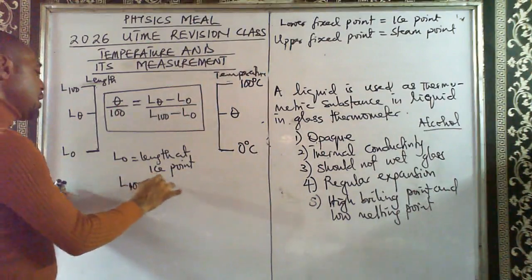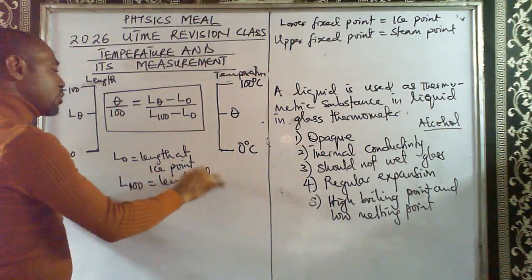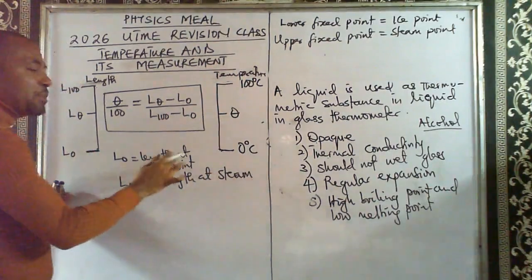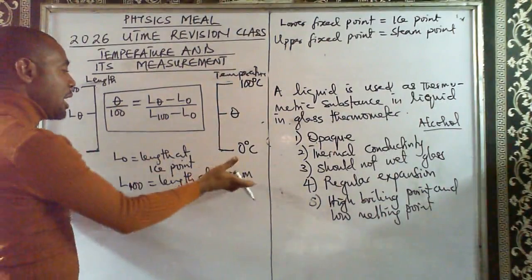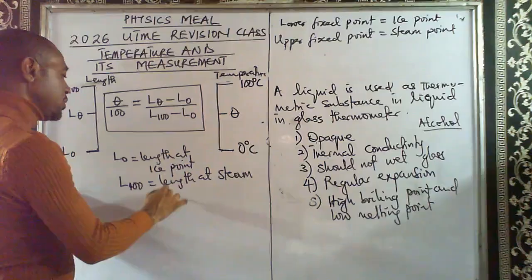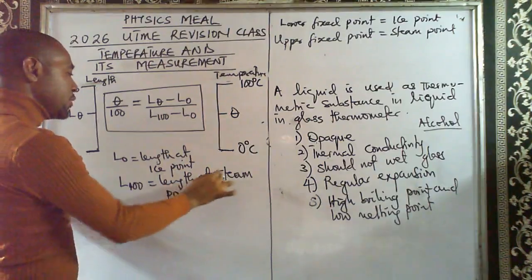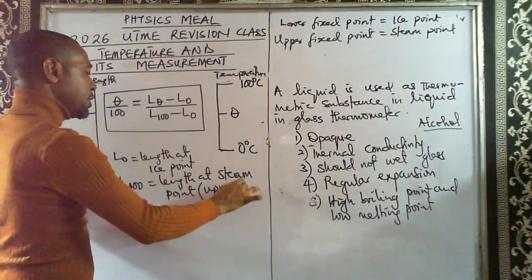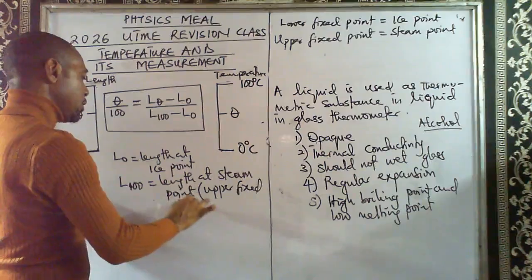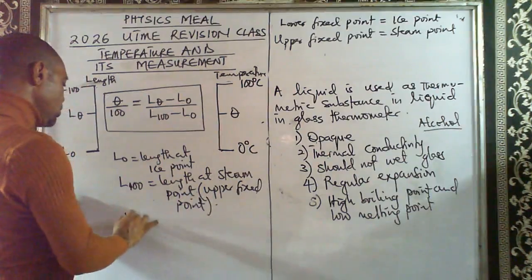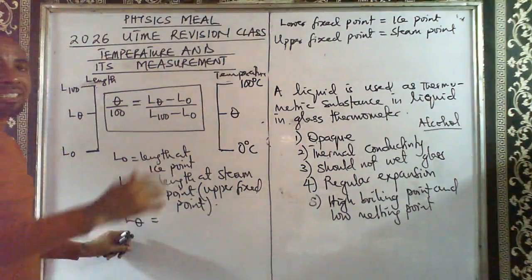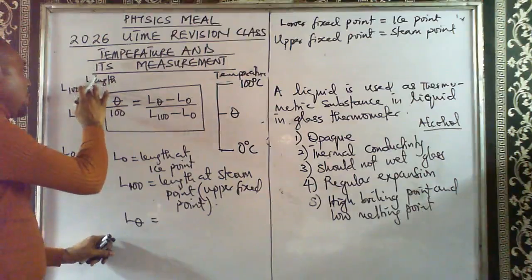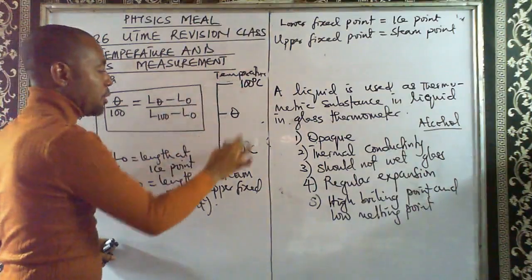L100 is the length at what? Steam point. Remember, ice point is the lower fixed point and steam point is the what? Upper fixed point. Then L theta now is the length at any other temperature, the temperature that is not the upper fixed point or the lower fixed point.